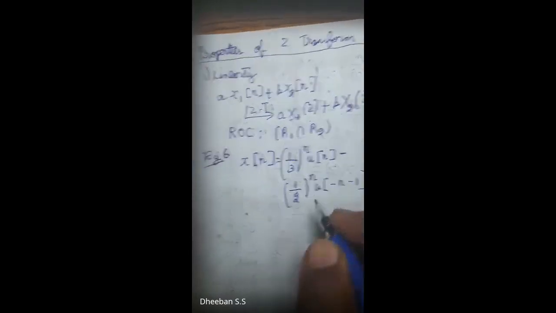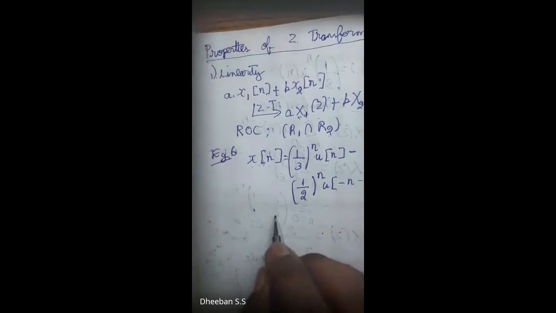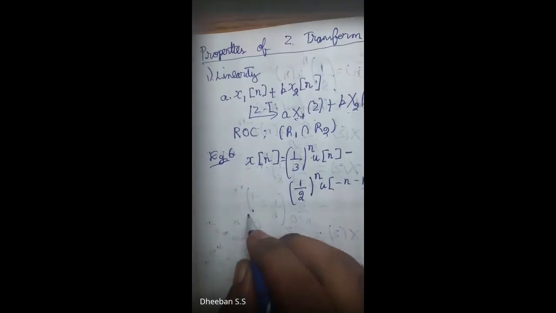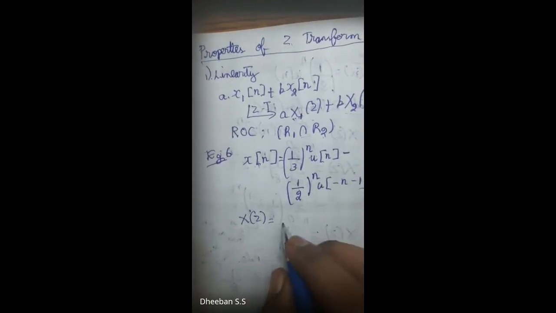If I take the z transform, it is a unit function, similar to the previous formula. If you take x of z, you will get it similar to the previous problem, with the same procedure.